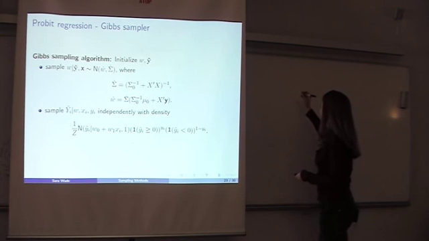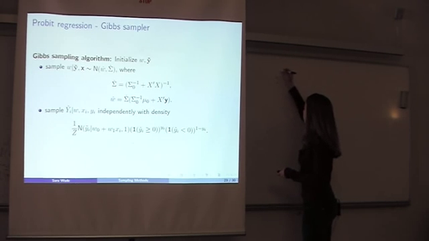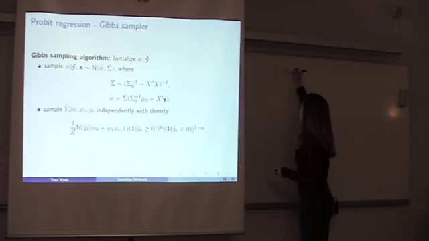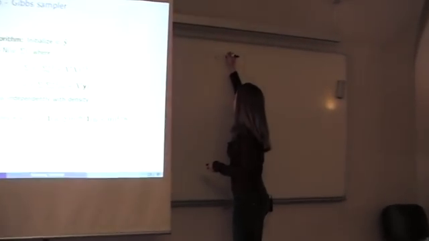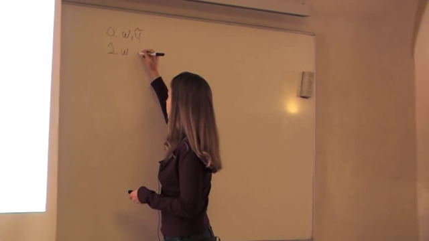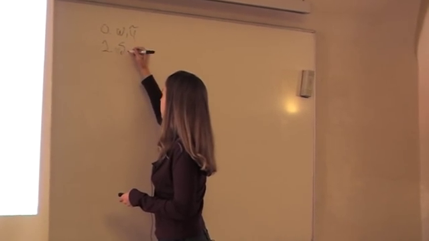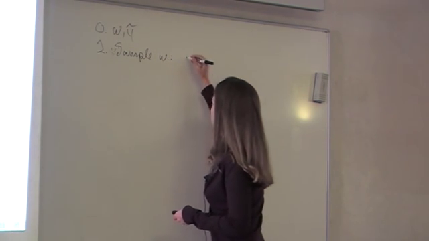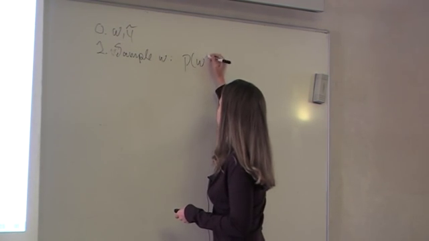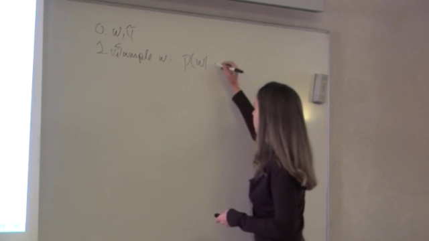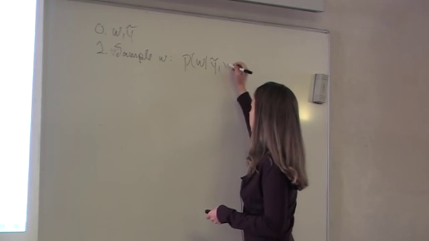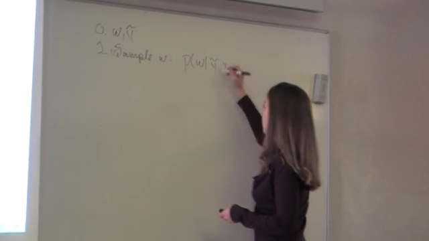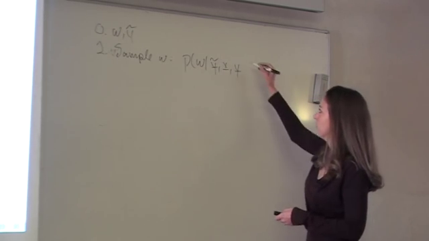Well, so actually, step 0 is to initialize w and y tilde. Step 1 is to sample W. So we sample W from its full conditional. So W given everything else, which is y tilde and our data, x and y.